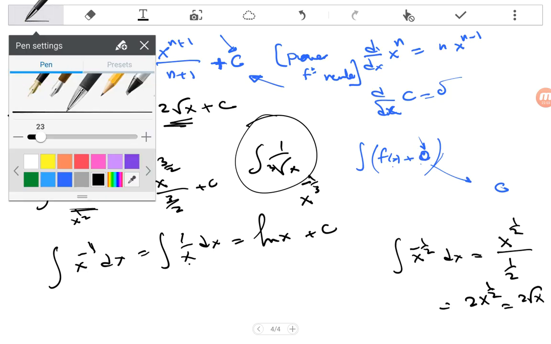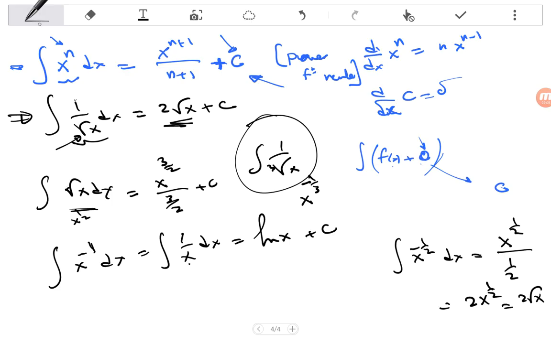We'll just make a slight generalization for this rule. We say that it is ln absolute x. We have a proof that if you differentiate ln absolute x you will get 1 over x. And this can be applied for x positive or negative or any value of x.